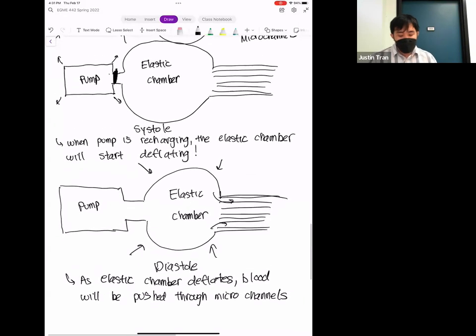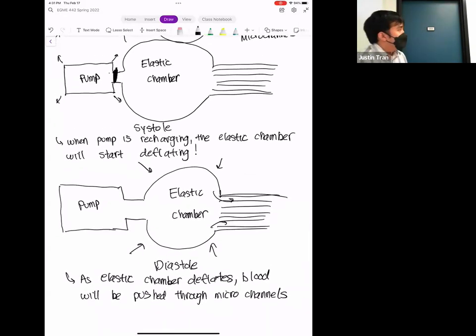And so let me kind of show both of these at the same time. This was kind of one of the first models that attempted to replicate the flow and pressure waveforms inside a person's body. When the pump pumps, the elastic chamber is going to fill, and as the chamber fills, the pressure is going to go up just because there's more fluid in there.